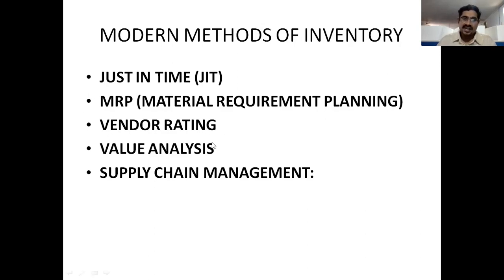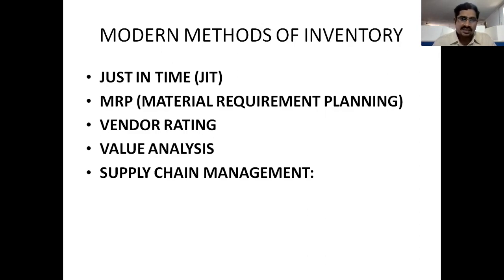Rating means putting ranks on them: first rank, second rank, third rank, fourth rank, fifth rank. These ranks are given to the suppliers based on their performance with the company. After getting the ranks, we make agreements with the suppliers to arrange and procure our materials. That is the point of vendor rating.